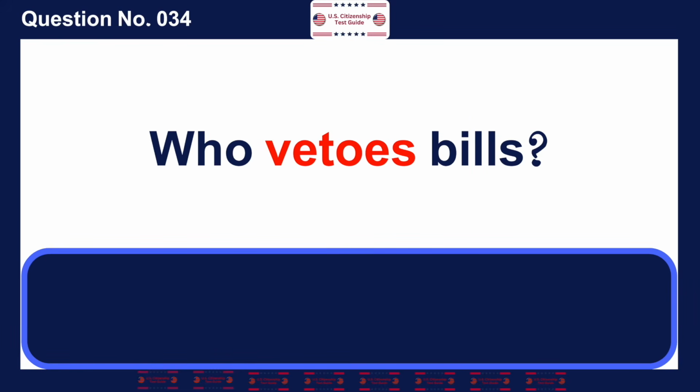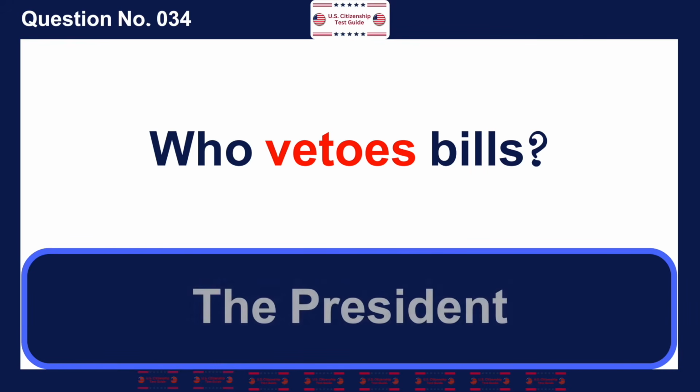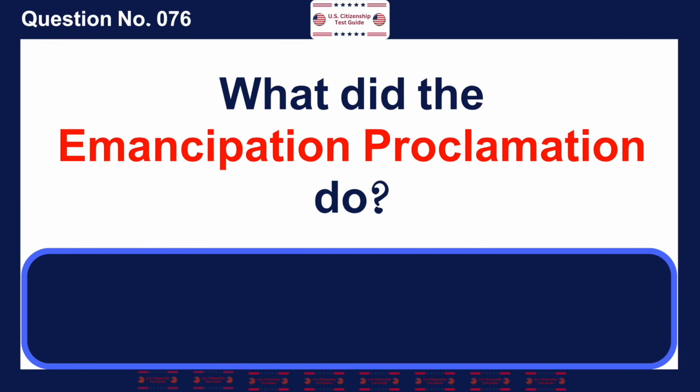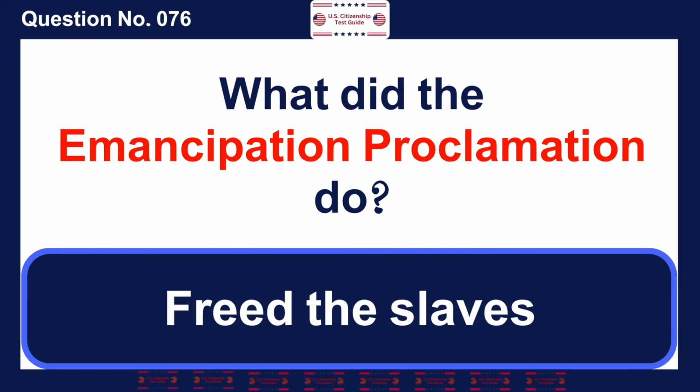Who vetoes bills? The President. What did the Emancipation Proclamation do? Freed the slaves.